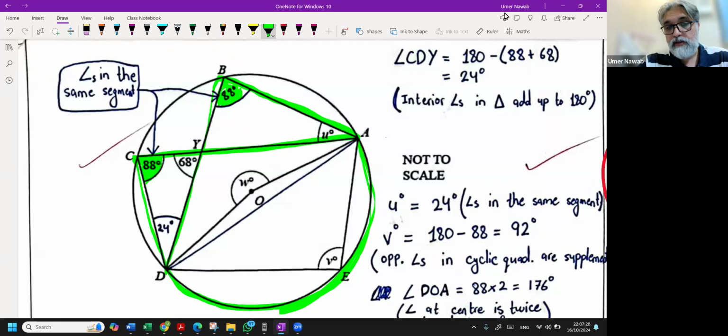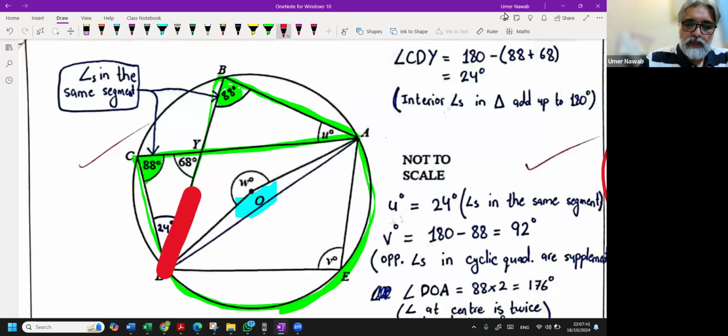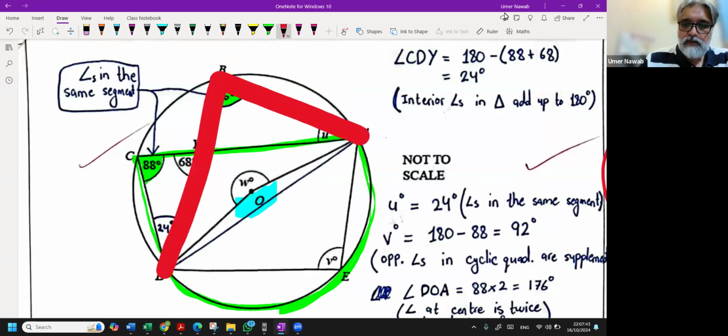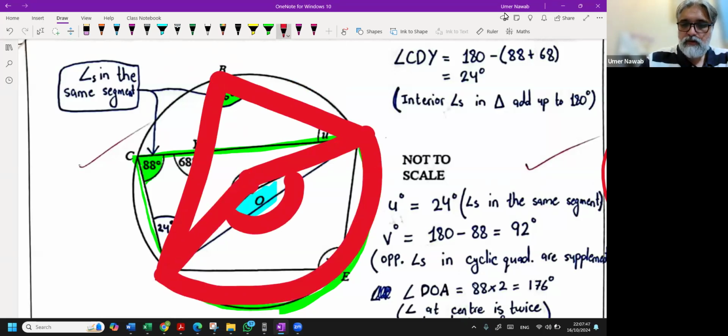Agreed. This is 88. Now the angle at the center, this one, because he is using this arc, and at the center, you remember, double and half.